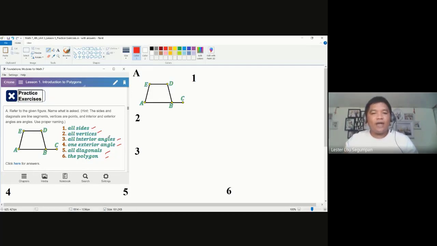So let's try to answer number one. When we talk about the polygon here, the polygon is just the figure composed of this area here.